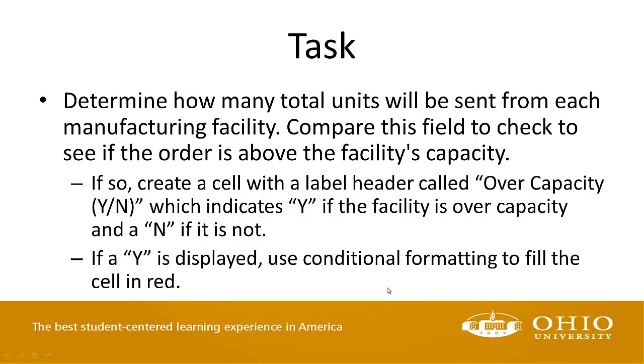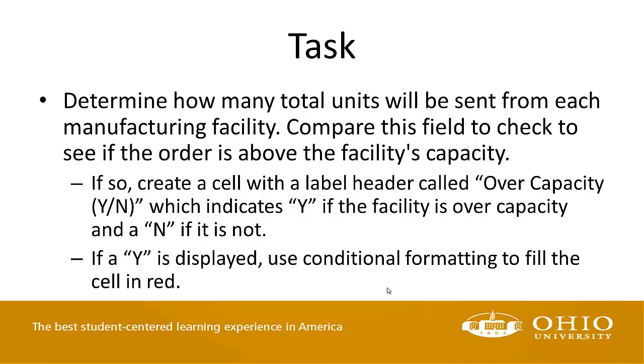Determine how many total units will be sent from each manufacturing facility. Basically, I want you to calculate the total pounds being sent from those three manufacturing facilities, and compare this in the spreadsheet to the capacity of each of those facilities.